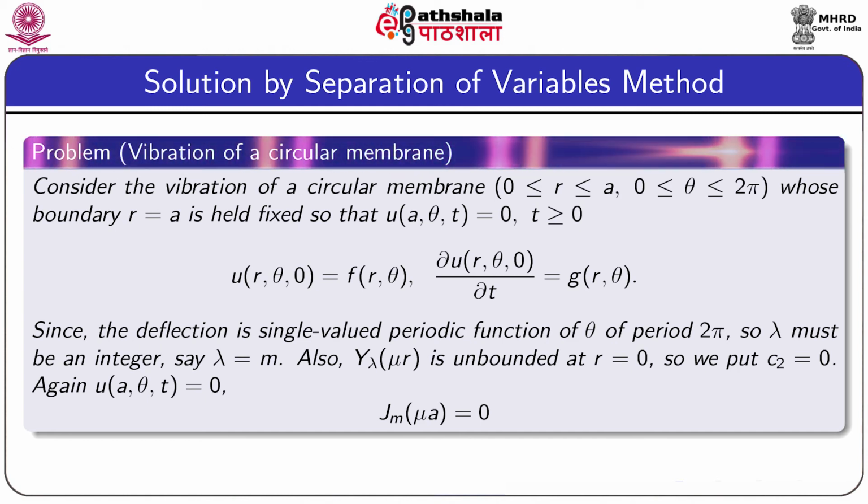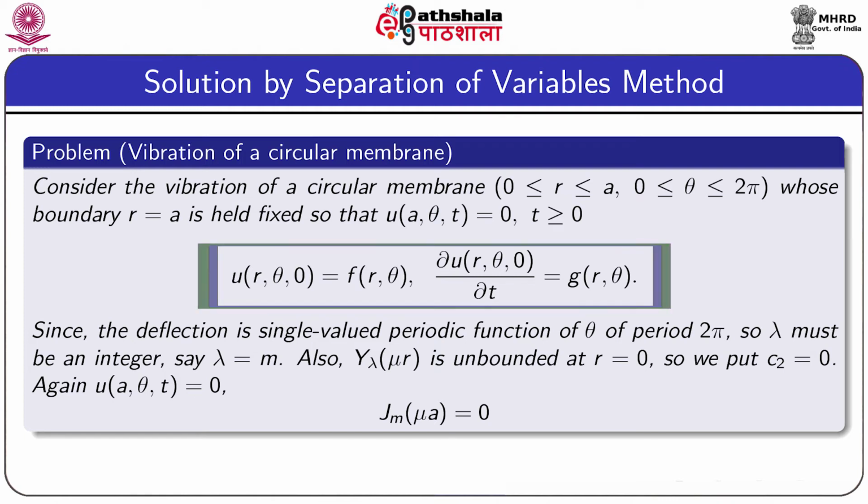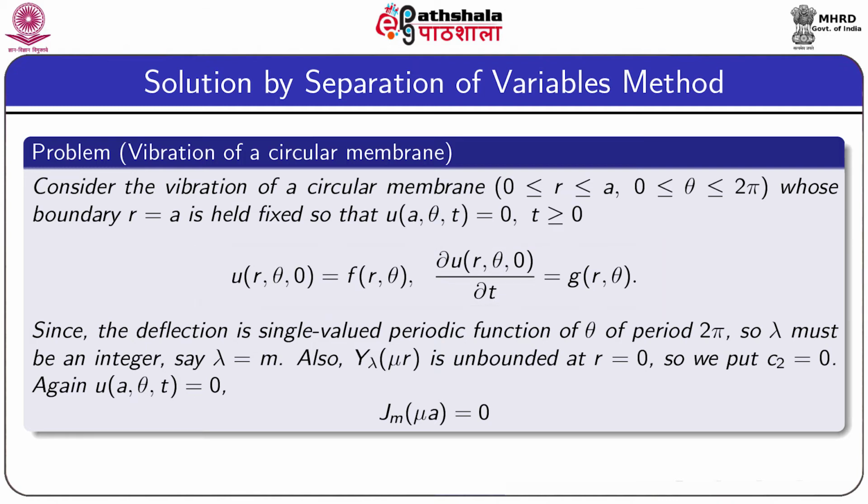So, u at r equals a is equal to 0 for t greater than or equal to 0, and it is also given that initially the value of u is given by the function f, and the velocity del u del t at time t equal to 0 is given by the function g.